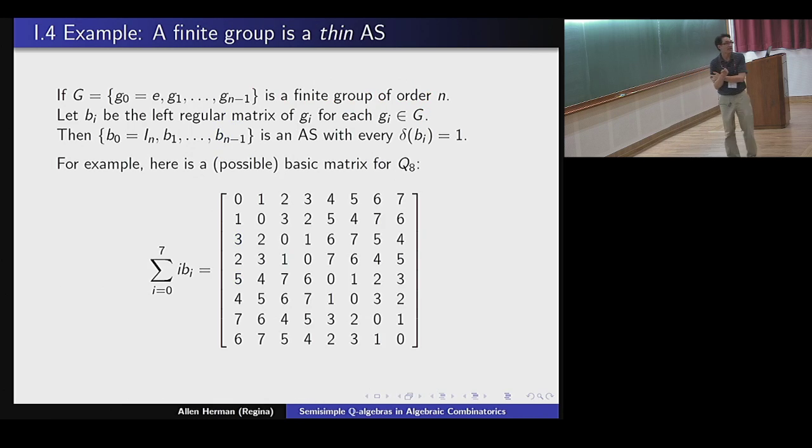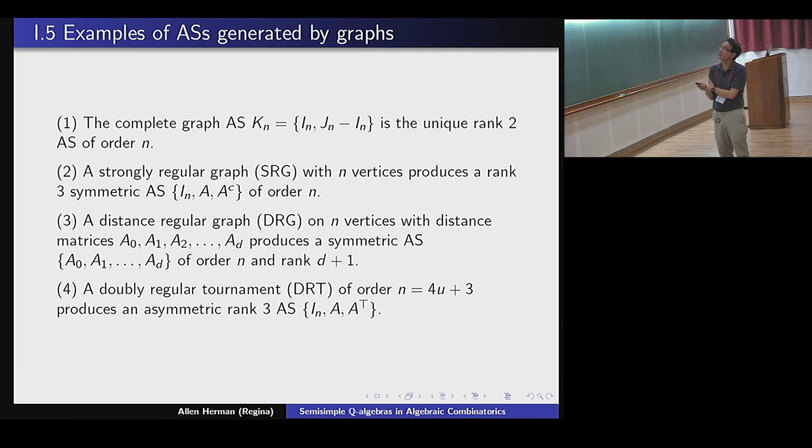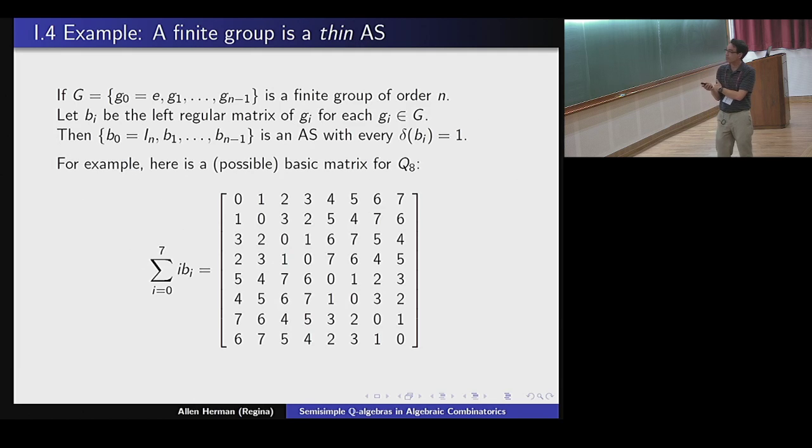Now, you might say, well, okay, got an algebra, it's semi-simple. Why should it be interesting to someone in group rings? Well, first of all, group rings are subrings of the adjacency algebras of association schemes. In fact, they are adjacency algebras. So here's the regular representation of our favorite group Q8, the quaternion group.